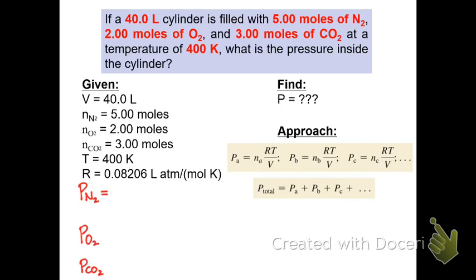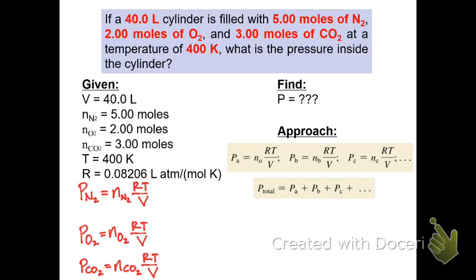For nitrogen gas, that would be the number of moles of nitrogen gas times RT divided by V. We can do the same thing for oxygen gas: number of moles of oxygen gas times RT divided by V. And number of moles of carbon dioxide gas times RT divided by V.